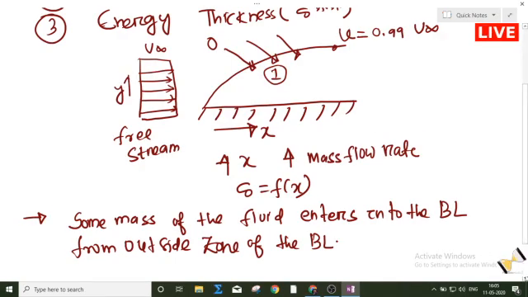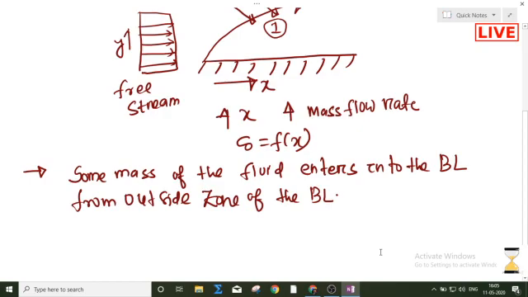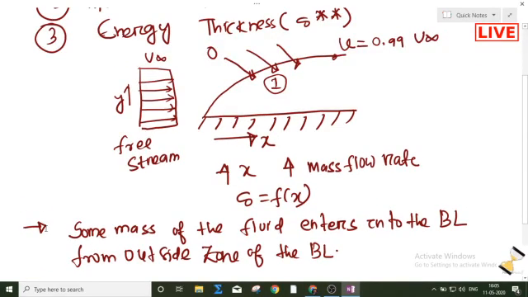Now what will happen? Due to formation of the boundary layer, the free stream velocity is converted into a velocity gradient. If you draw at any point, suppose I choose a point A, the velocity is now reduced, and then the velocity gradually increases in the perpendicular direction.